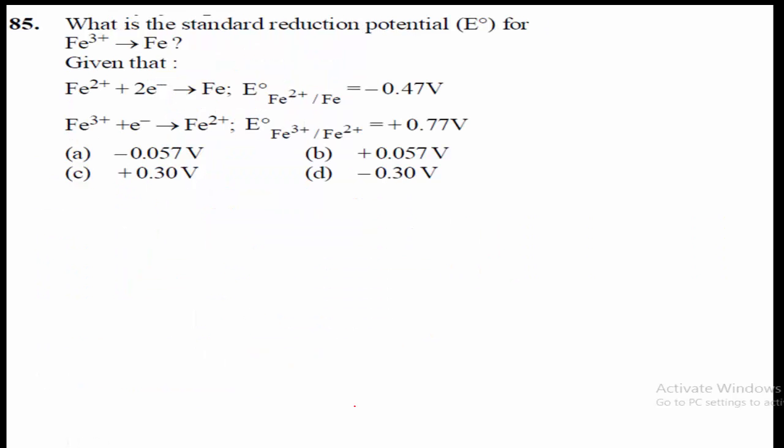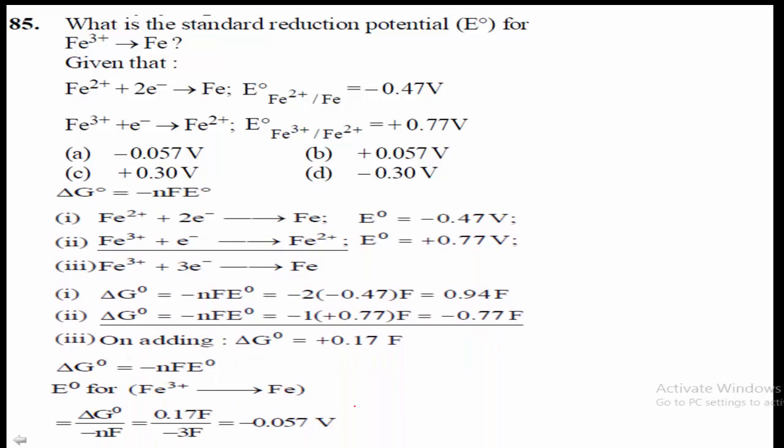85th, what is the standard reduction potential for Fe3+ to Fe? These are the electrode potential values of Fe2+ to Fe and Fe3+ to Fe2+. So, using the standard Gibbs free energy change, substitute the values, consider the two equations.